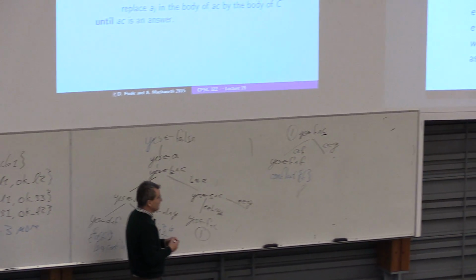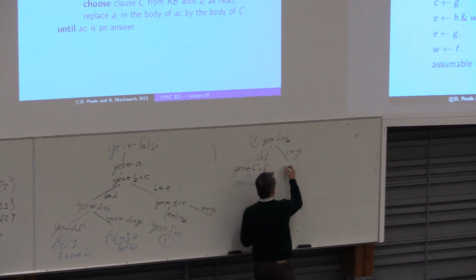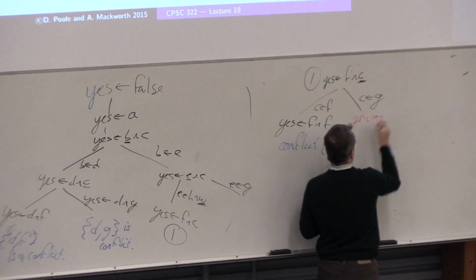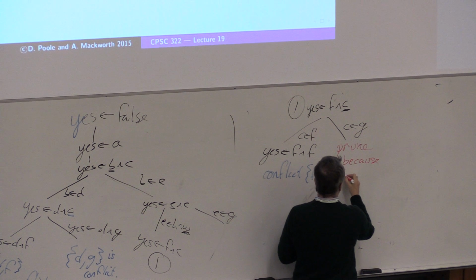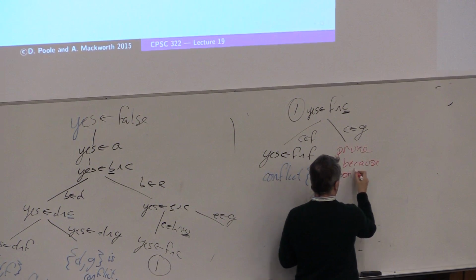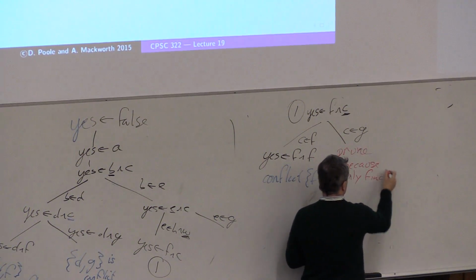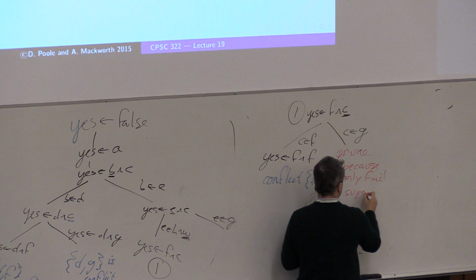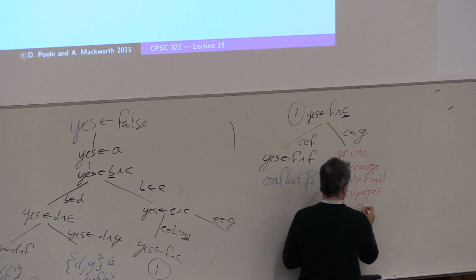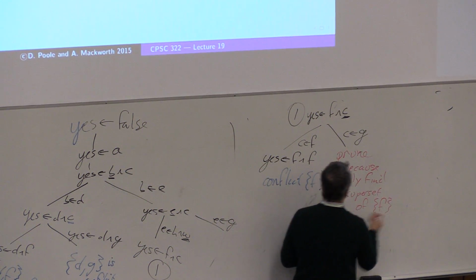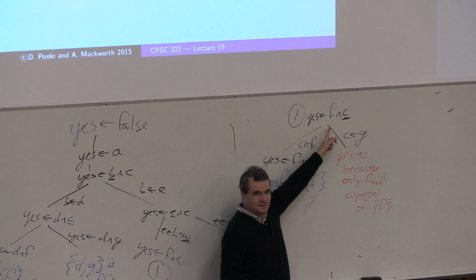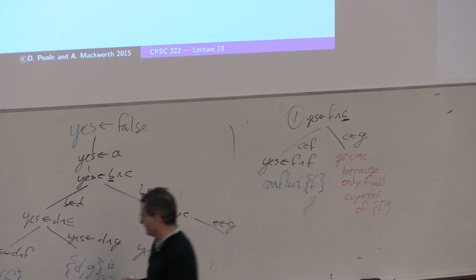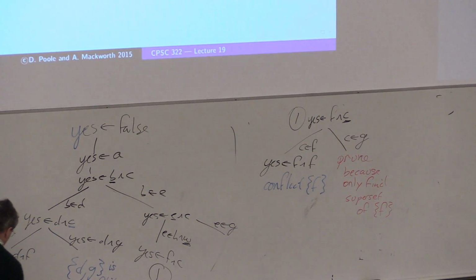So it turns out you can prune this because it'll only be a superset of F. Right, and we can also prune this one.